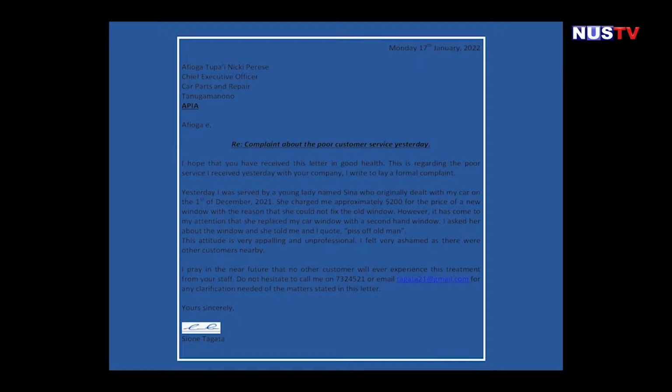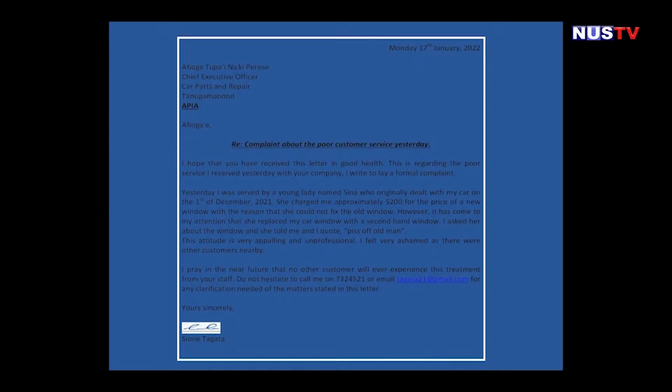I write to lay a formal complaint. Yesterday I was served by a young lady named Sina, who originally dealt with my car on the 1st of December 2021. She charged me approximately 200 tala for the price of a new window, with the reason that she could not fix the old window.